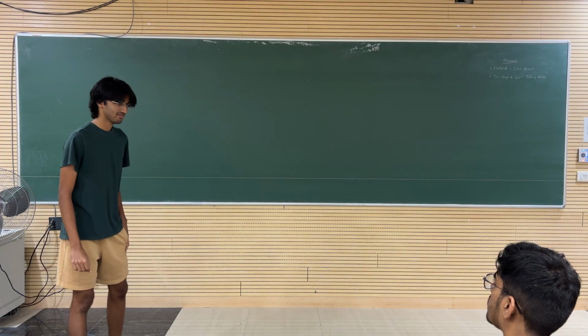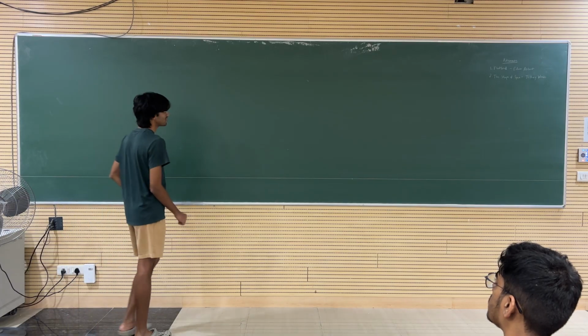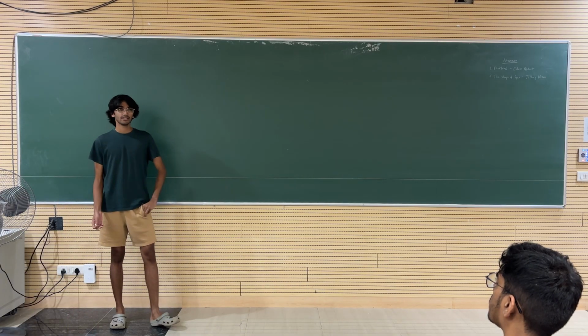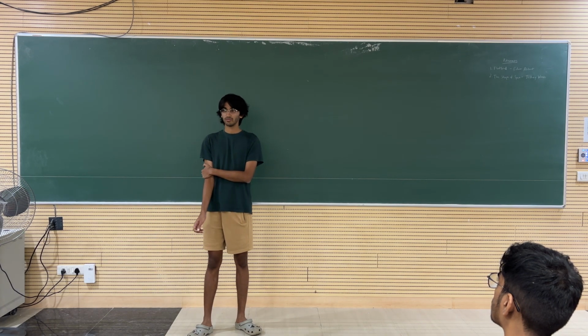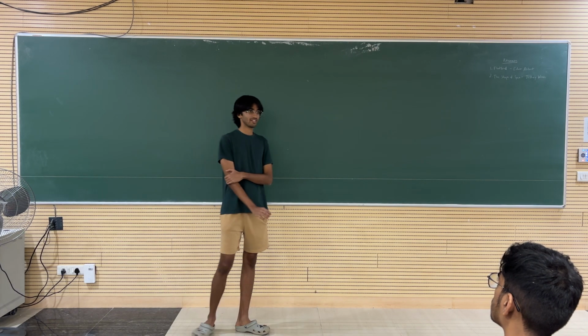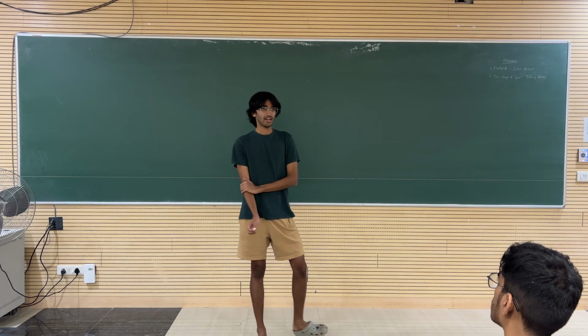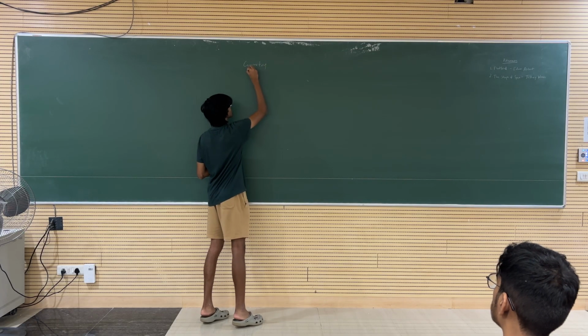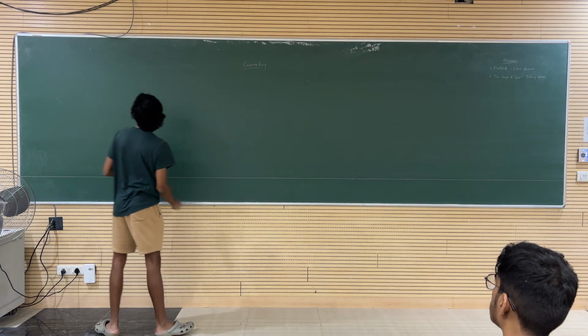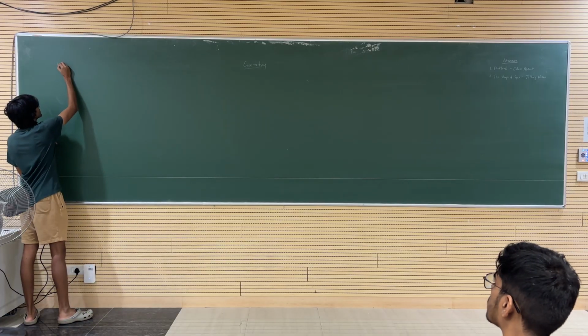We'll start with the word geometry. What I would like to ask you guys is, what do you think of? What are the main things that you think of when I just write the word geometry? Shapes. Good. I'll just make a list.